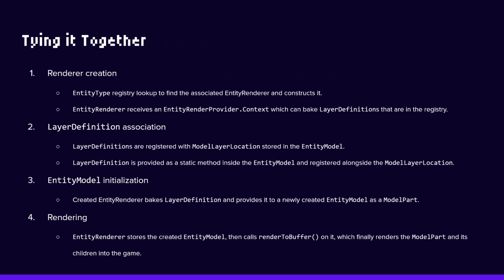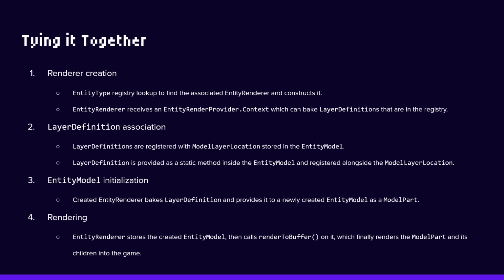So tying all this together, first you have the renderer being created. The entity type does a registry lookup to find the associated entity renderer and then constructs it. The entity renderer receives the EntityRendererProvider.Context, which can bake layer definitions that are in the registry. And then you associate a layer definition. Layer definitions are registered with the model layer location that's stored inside of the entity model.